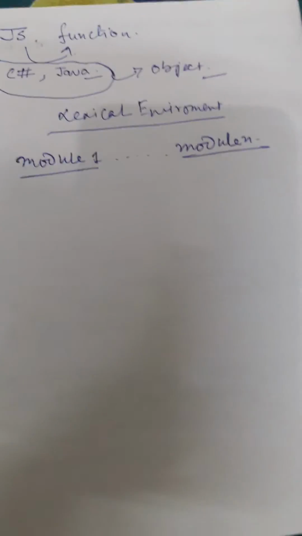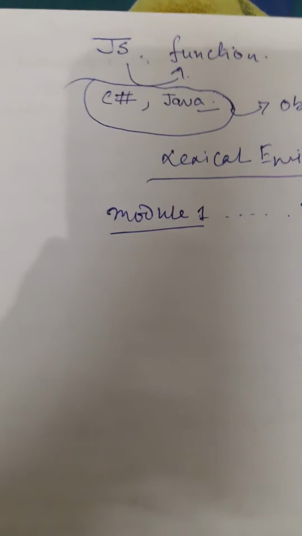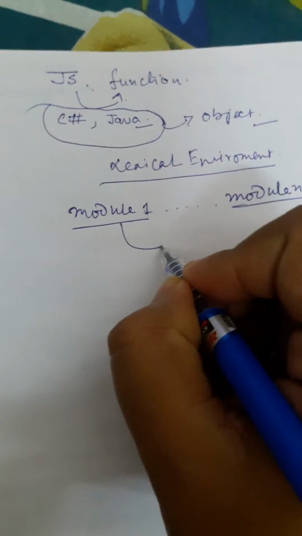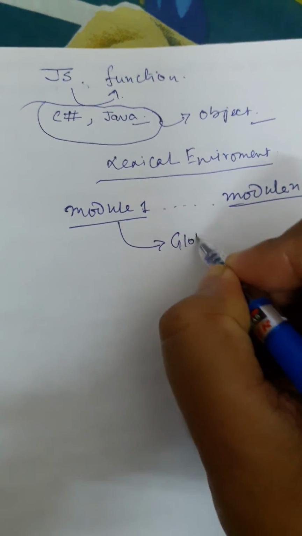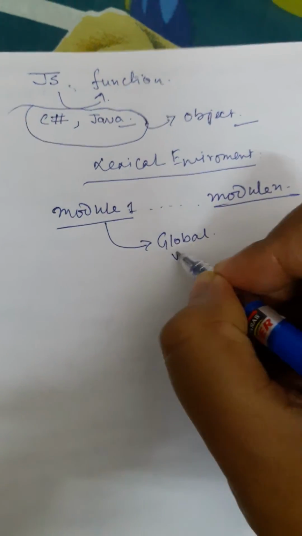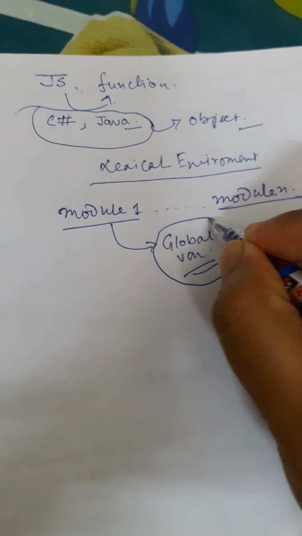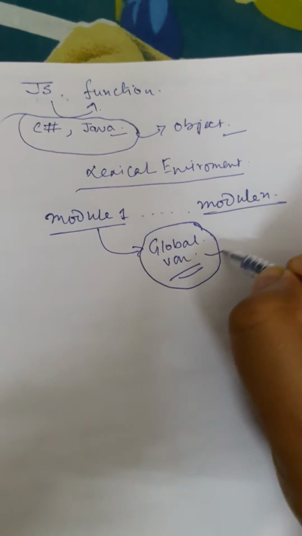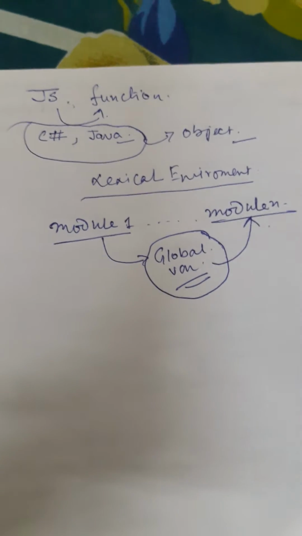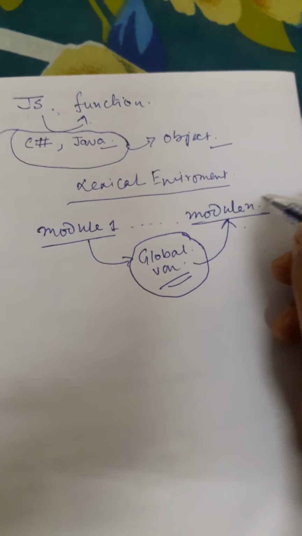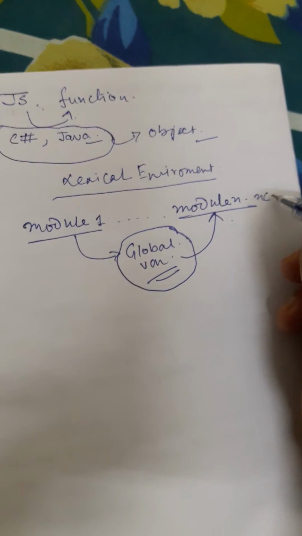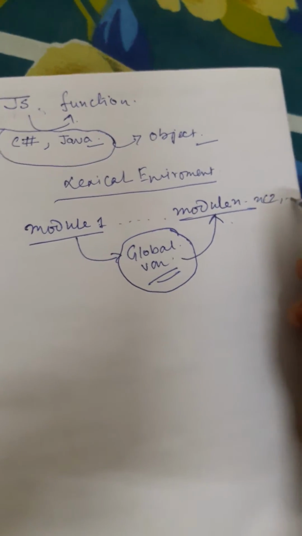If you define a global variable and your module 1 is going to access that global variable and changes it, then this state is going to impact your next modules, for instance modules 2 to m.